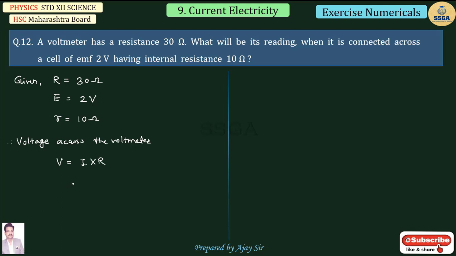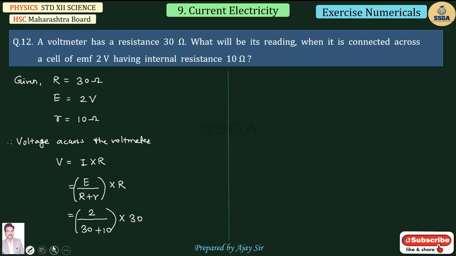Now we know I is equal to EMF divided by (capital R plus small r), into capital R. So EMF is 2 volt, R is 30 plus small r equal to 10, into capital R, that is 30.